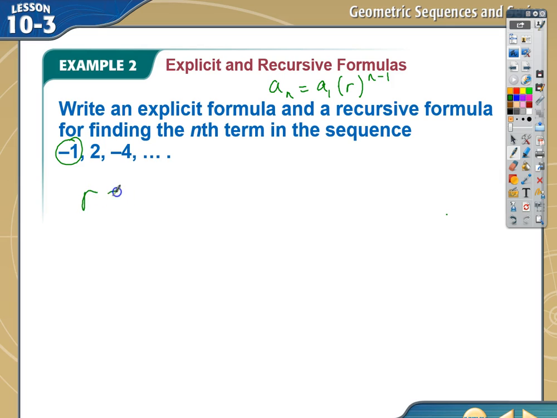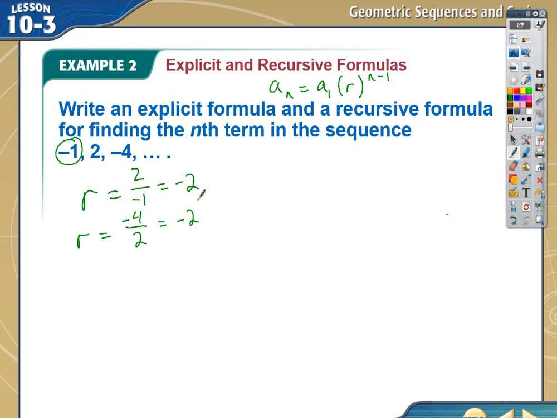I take my second term, 2, and divide it by my first term, negative 1. There's negative 2. And of course, I always like checking myself just to make sure, especially when it's numbers, did I do my math right? Take the third term, divide it by the second term. Oh yeah, hey look, I did. They're the same number.